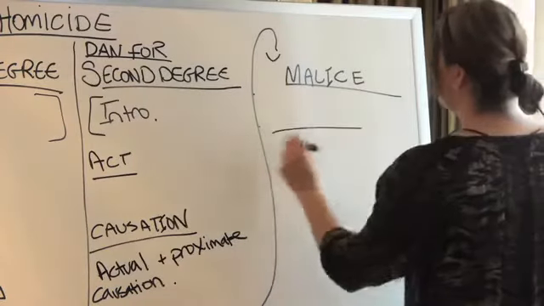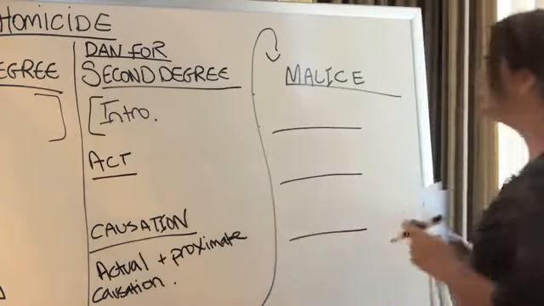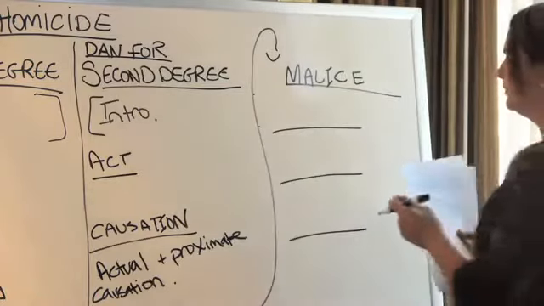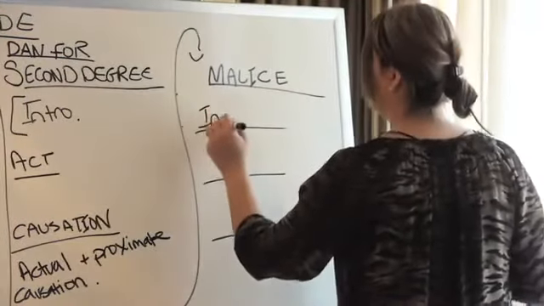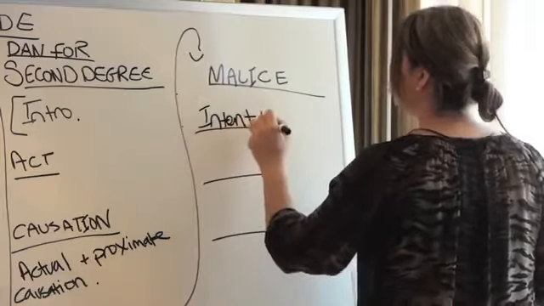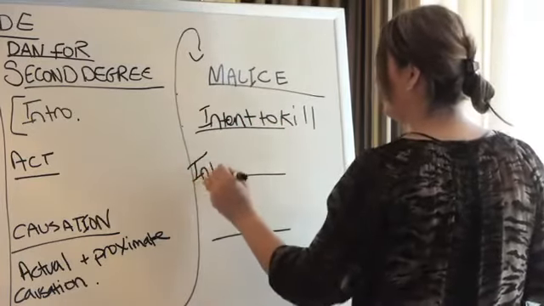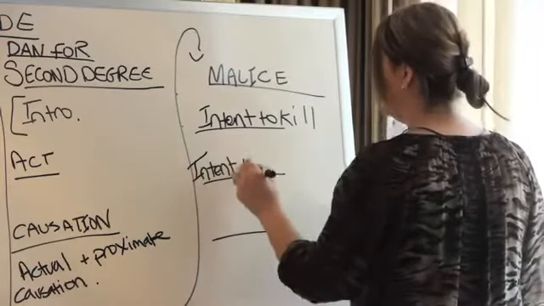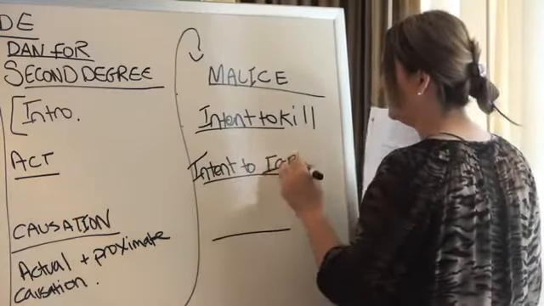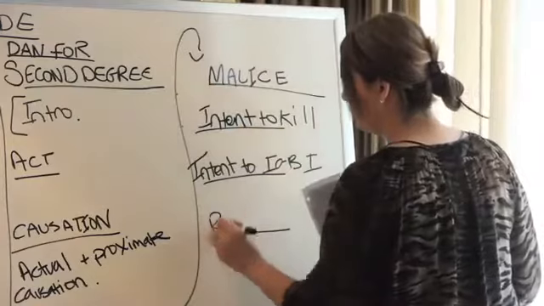Those will all 3 need to be discussed. If one is at issue, that means the other 2 are at issue. So we have intent to kill, intent to inflict great bodily injury, and reckless disregard.